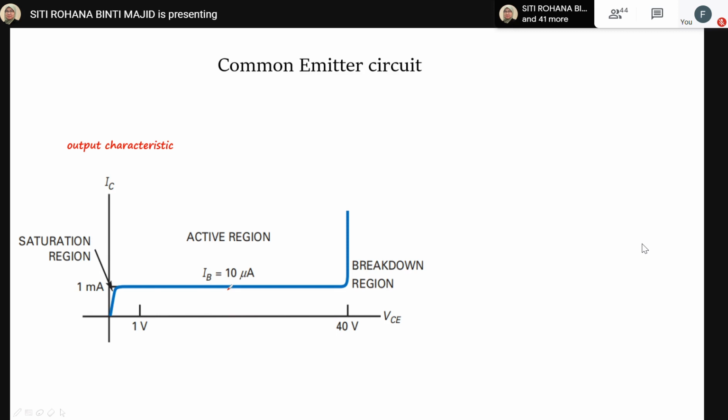So we can notice the operating Q point can be determined here.